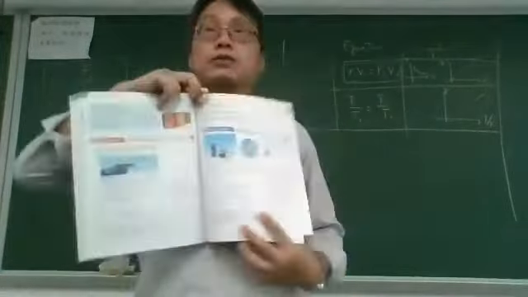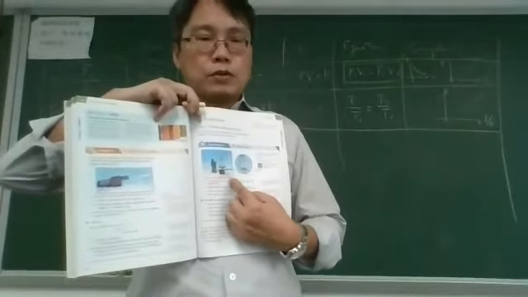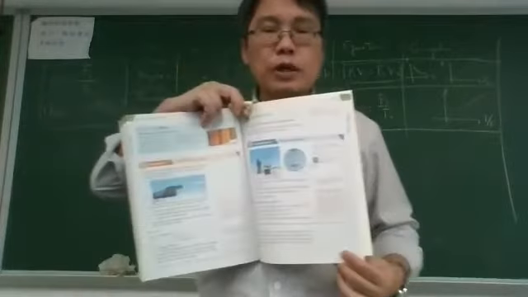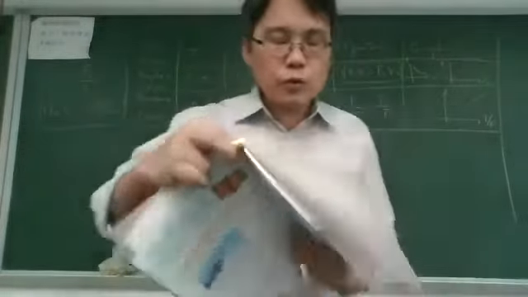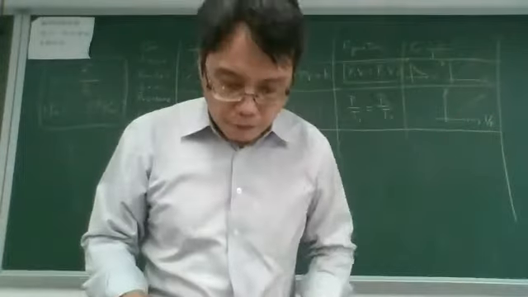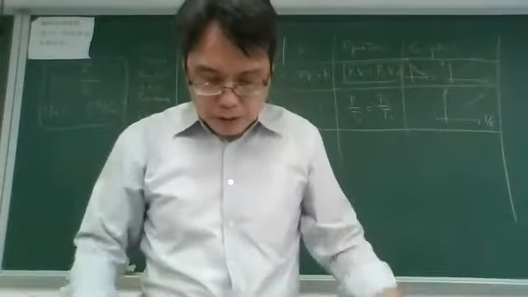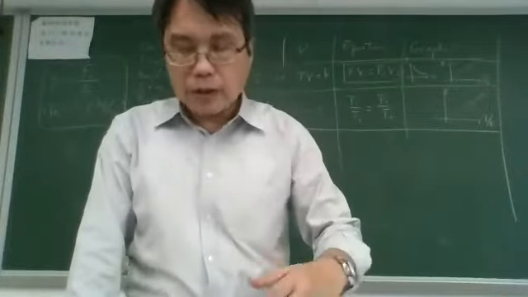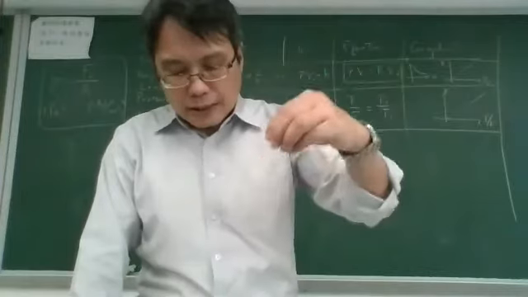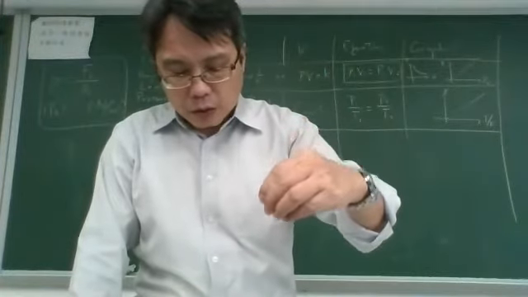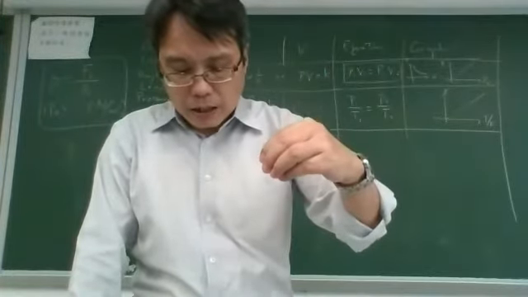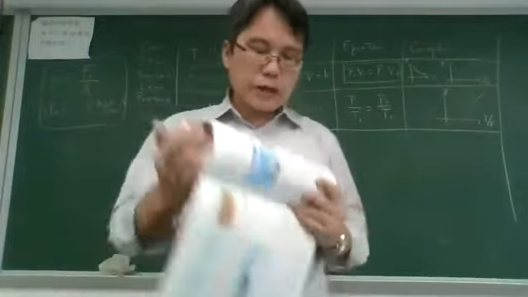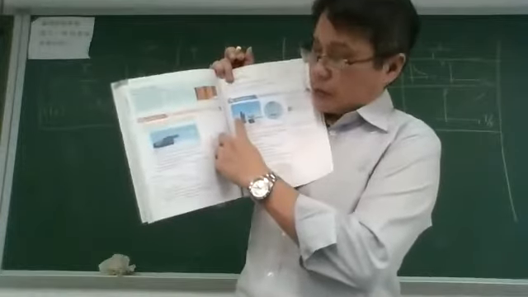In experiment 4.2, we use a water bath: a large beaker filled with water, and then we immerse a conical flask of gas inside, with tubing connected to the pressure sensor.